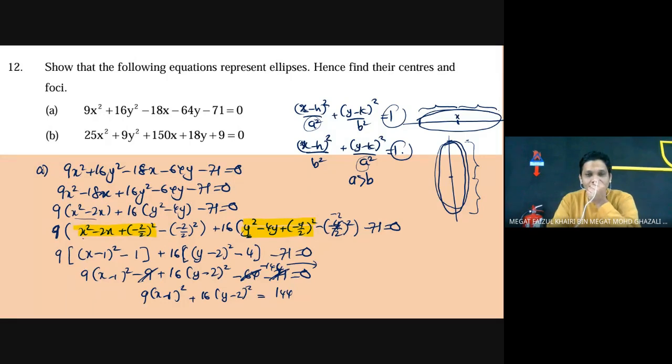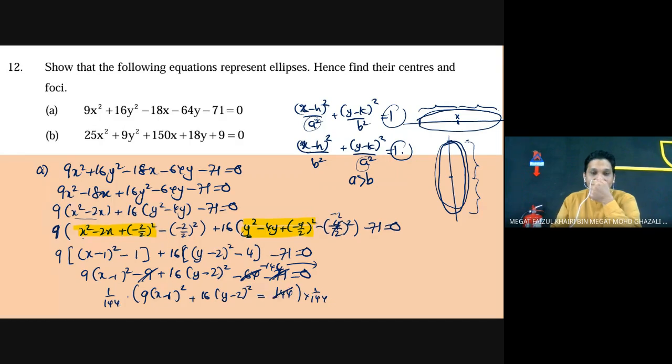So what are we going to do next? Come on, class. We multiply by 1 over 144 on both sides.